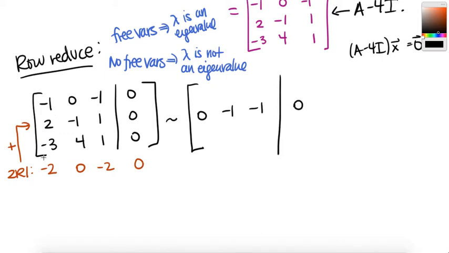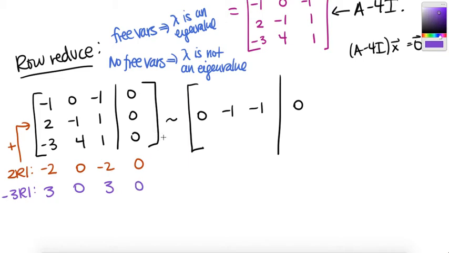Okay, and then I'll use that -1 to clear out this -3 as well. So we want to multiply by 3, but we want it to be positive. So let's do -3 times row 1. -1 times -3 is 3. 0 times anything is 0. -1 times -3 is 3. 0 times anything is 0.